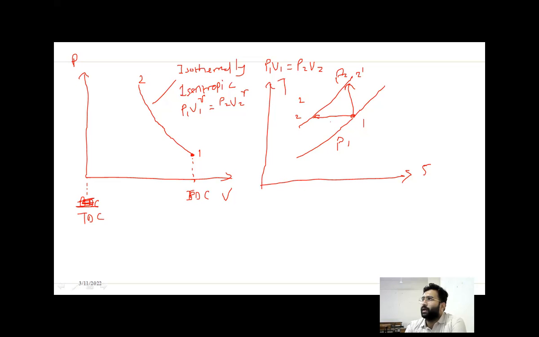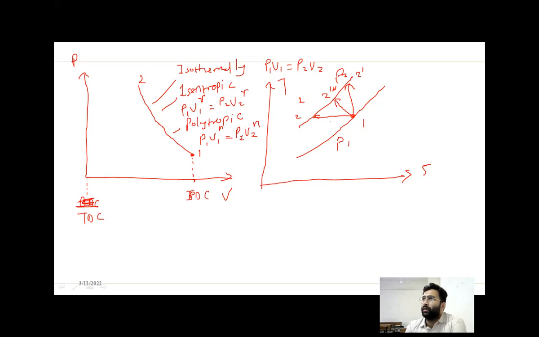Or there can be another process, that is the polytropic process. 1 to 2 double dash, it can also be polytropic. Polytropic means P1 V1 raised to n is equal to P2 V2 raised to n.